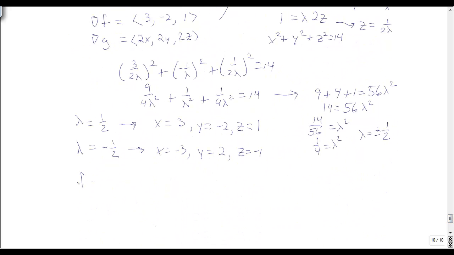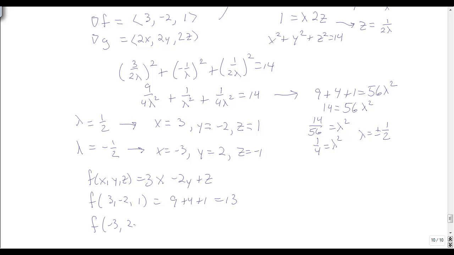So f of x, y, z was 3x minus 2y plus z. f of the first point, 3, -2, 1, is going to be 9, plus 4, plus 1, that's 13.